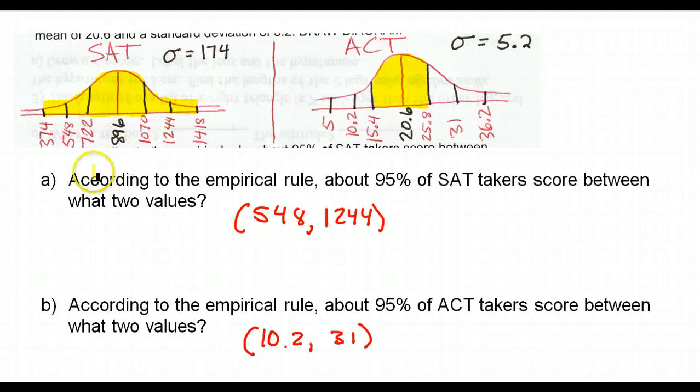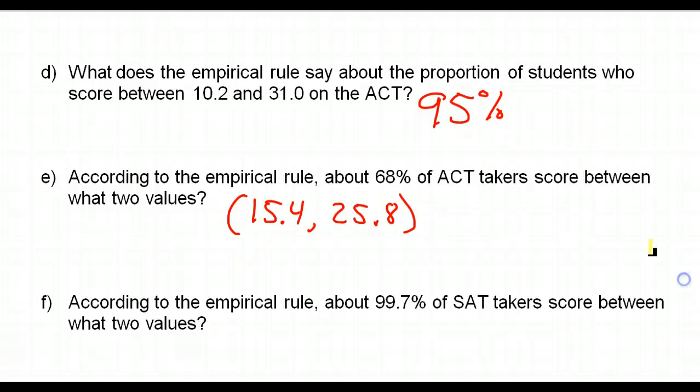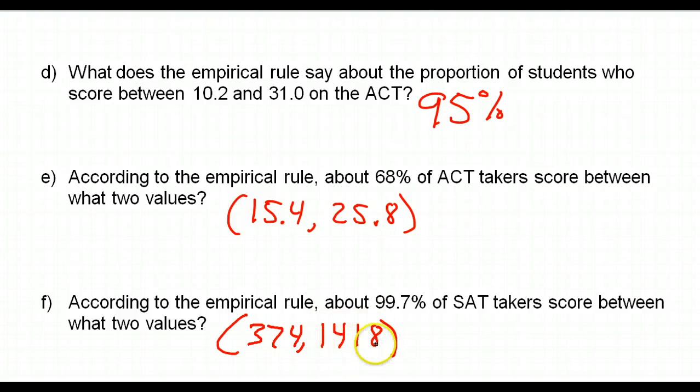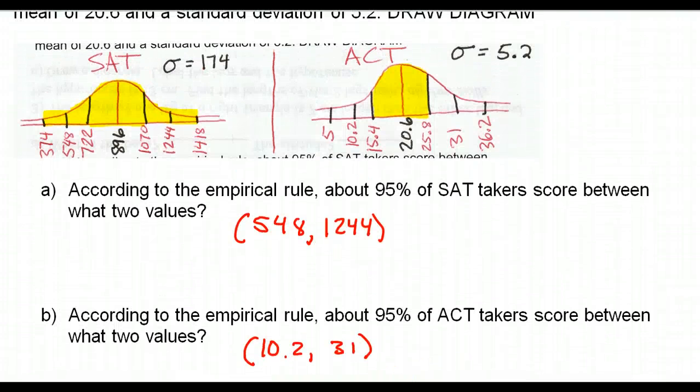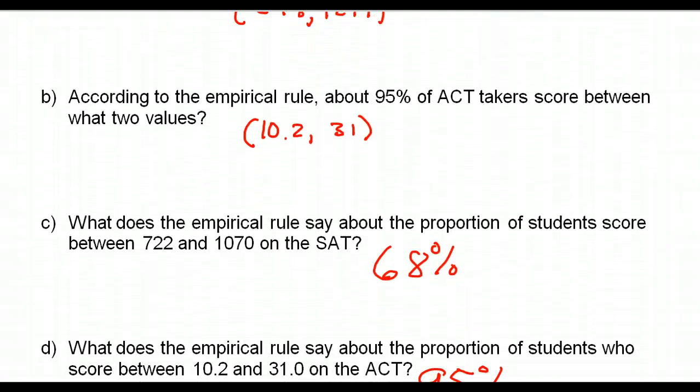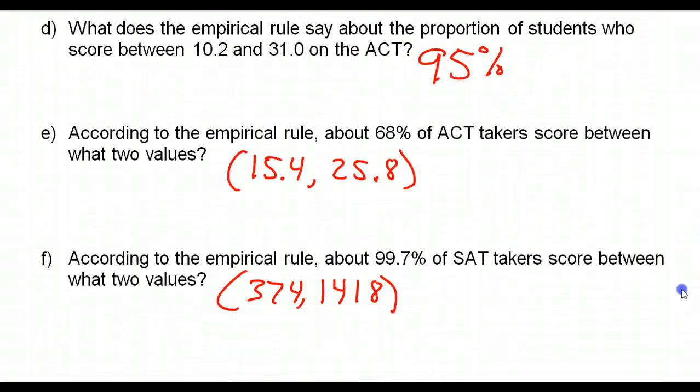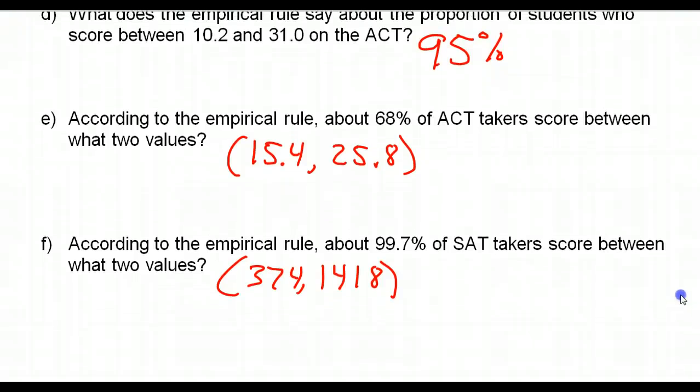Okay, so this is what 3 standard deviations will look like. That's our 99.7%. So that is from 374 to 1,418. Okay, did I say 1,418? Yes, I did.